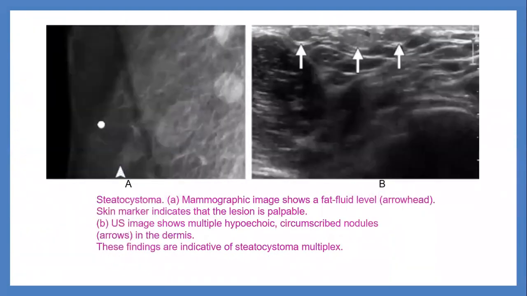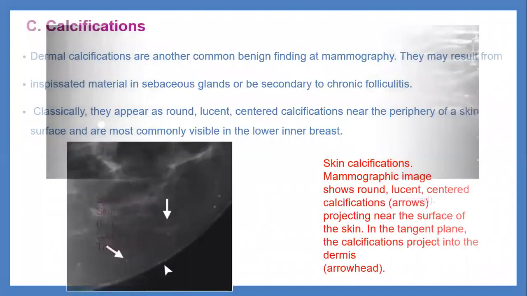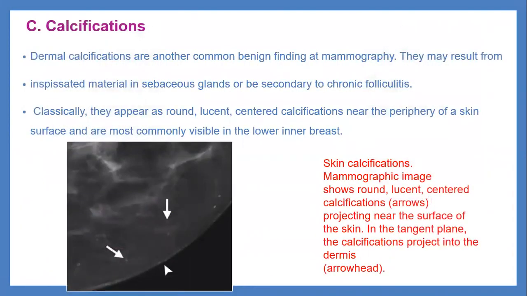Here this is giving even fat-fluid levels in steatocystoma, and the marker indicates that it is a palpable abnormality, and here it is seen as multiple hypoechoic dermal lesions in steatocystoma multiplex. And this is a dermal calcification. It is rounded, smooth, with lucent centers, and if you see it near the skin or in a tangential view, you might see it projecting over the skin.